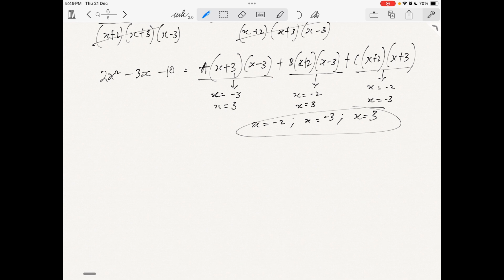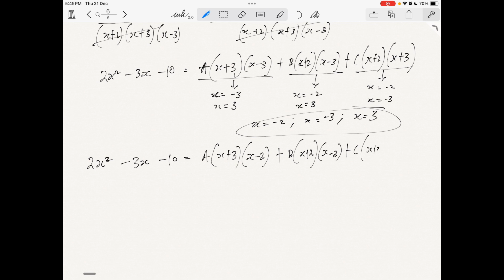So let's rewrite it. 2x squared minus 3x minus 10 is equal to a into x plus 3 into x minus 3, plus b into x plus 3 and x plus 2 into x minus 3, plus c into x plus 2 and x plus 3.